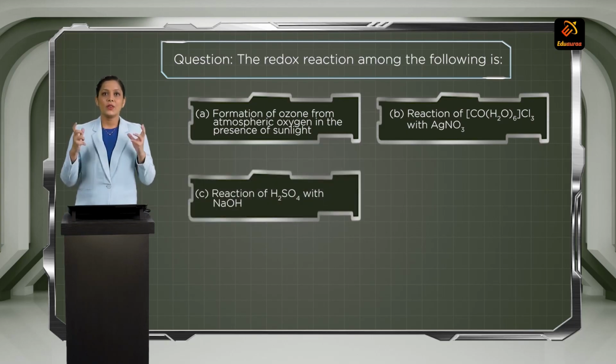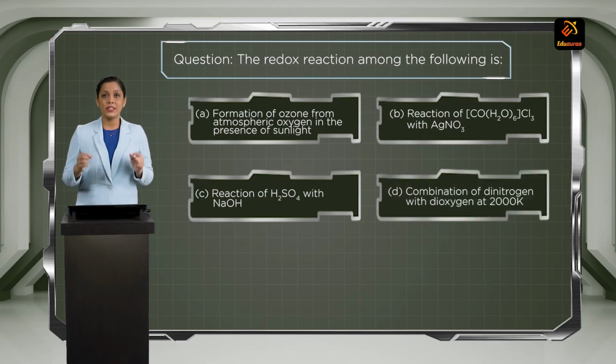Option C, reaction of H2SO4, sulfuric acid, with NaOH, sodium hydroxide. Option D, combination of dinitrogen, that is N2, with dioxygen, that is O2, at 2000 kelvins.